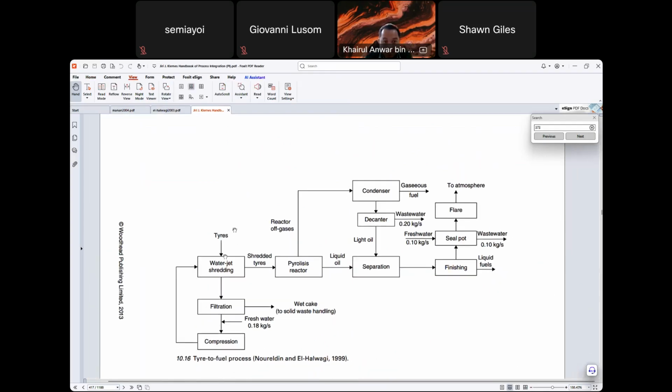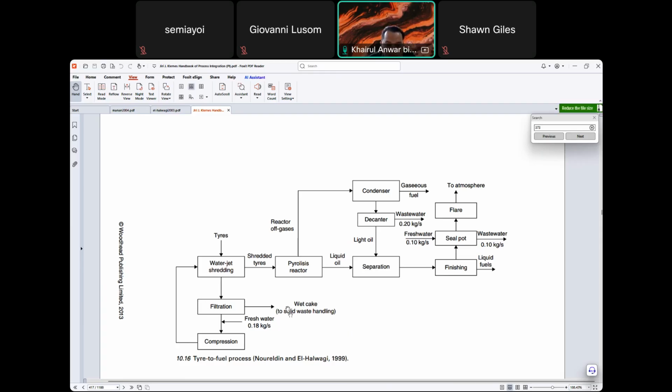The tire goes to the water shredding. The shredded tire goes to the reactor. So from here, there's a water. This is just a shredded tire. So the water needs to go to the filtration. From the filtration, I'm not sure what the filtration is.